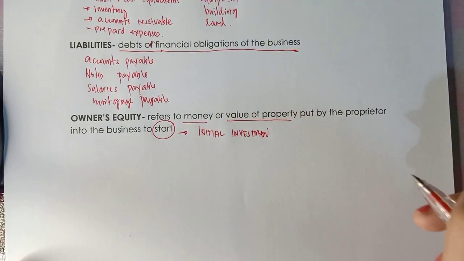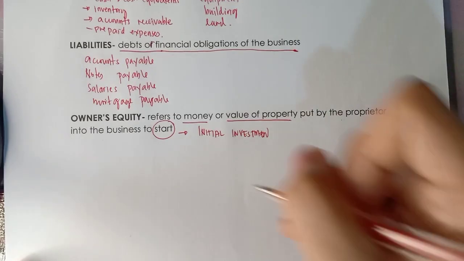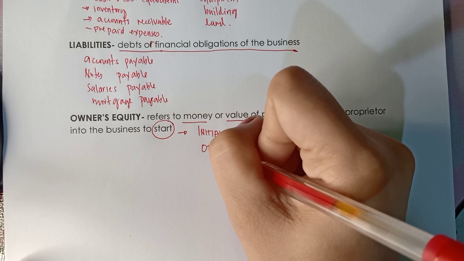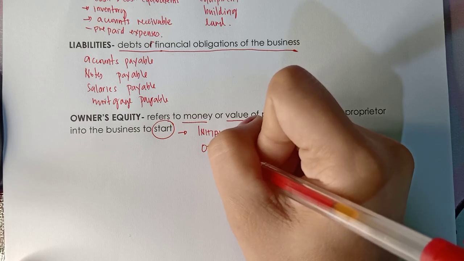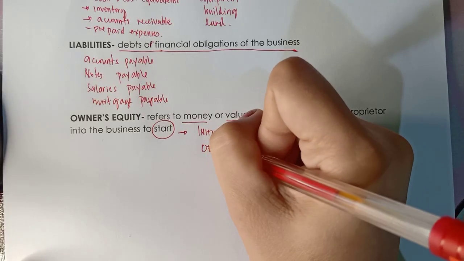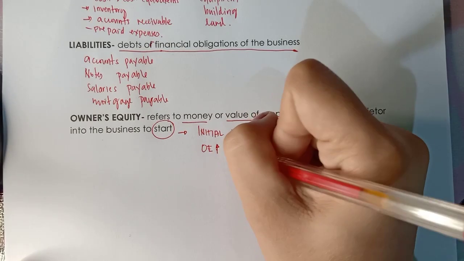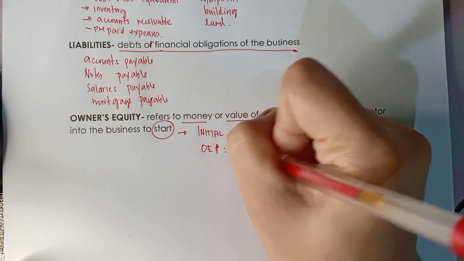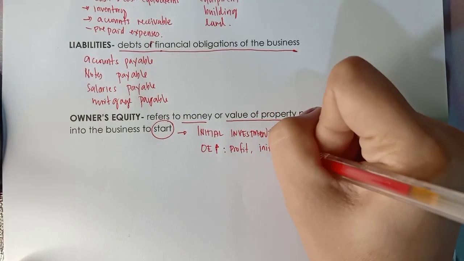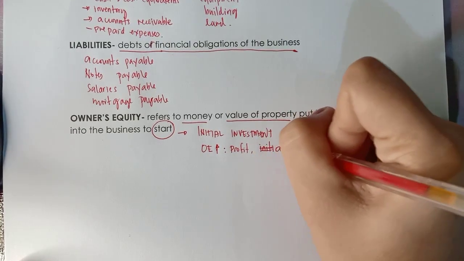Then, owner's equity will be increased when there is a profit. So the owner's equity will increase if there is a profit and an initial or additional investment.